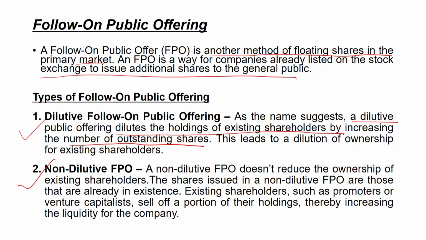So it leads to dilution of ownership for the existing shareholders, whereas in the case of the non-dilutive follow-on public offering, the ownership of the existing shareholders is not reduced. The shares issued in non-dilutive FPOs are those that already exist in the market. Existing shareholders such as the promoters or venture capitalists sell off a portion of their holdings, thereby increasing the liquidity for the company, and their shareholdings are also not reduced.